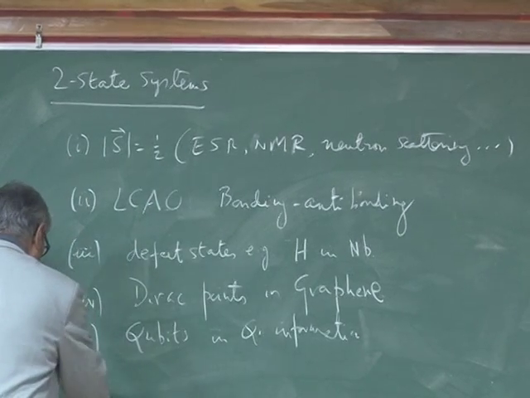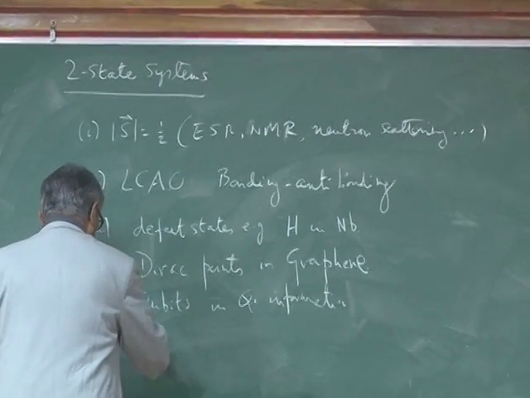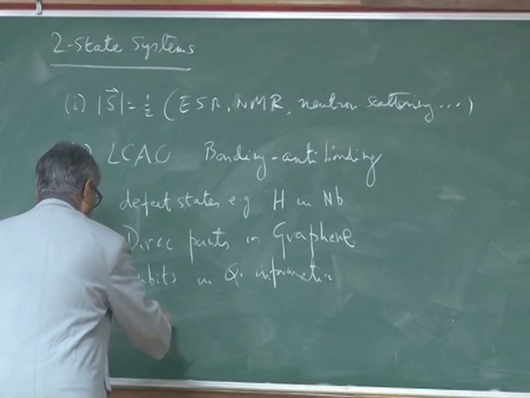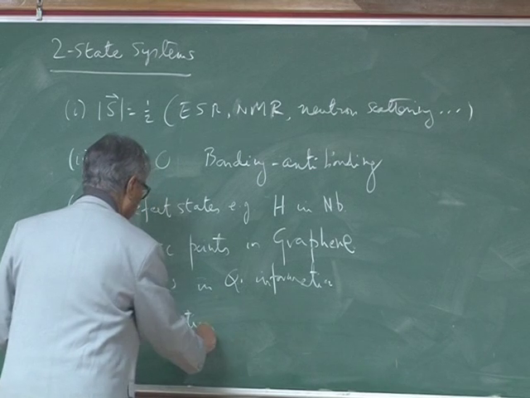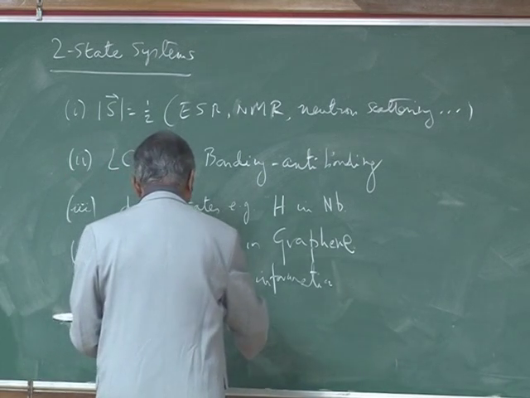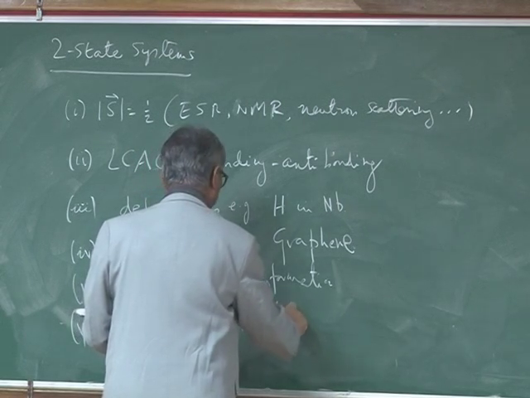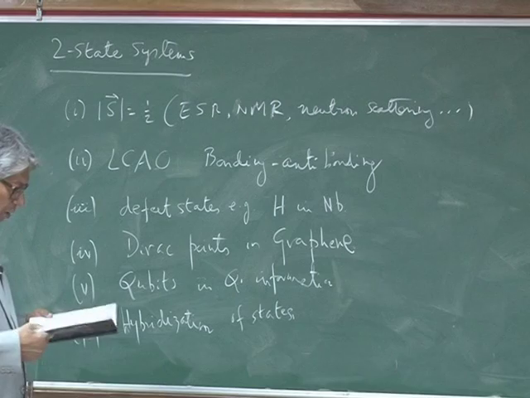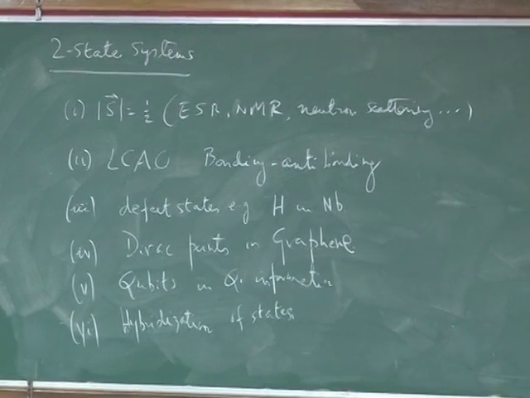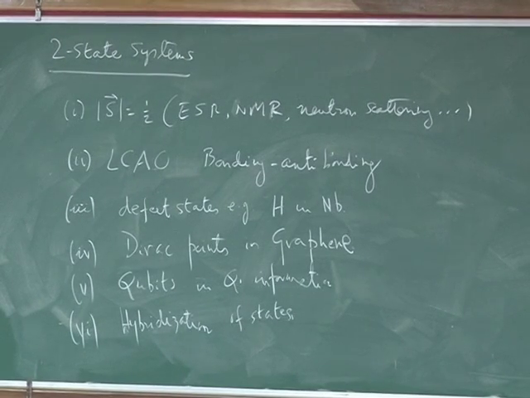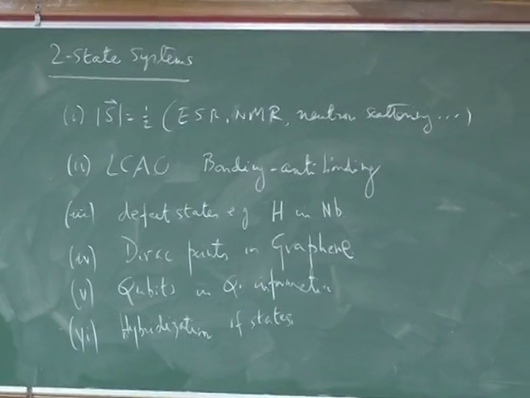This very important idea of chemistry is called hybridization of states, which abounds in carbon-based materials, which we'll discuss a little bit more again in the context of graphene. You see these spin half two-state problems. So I think I'm almost coming to the end of this.